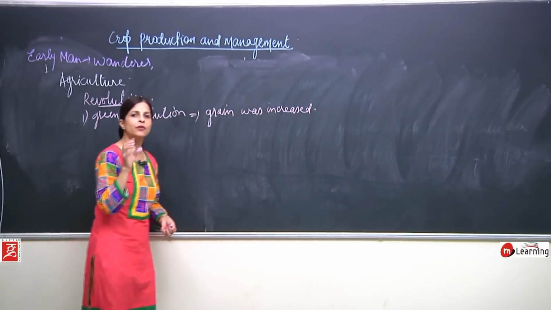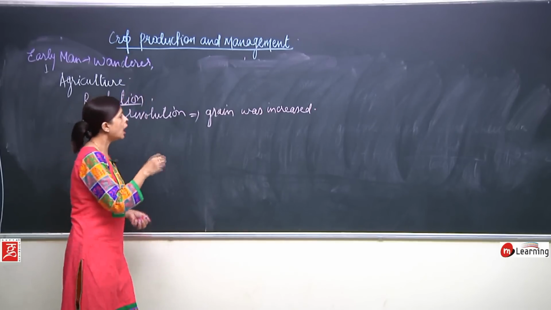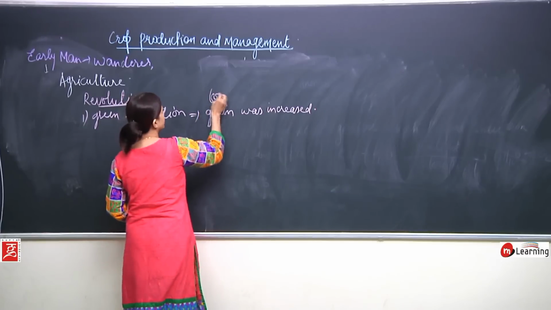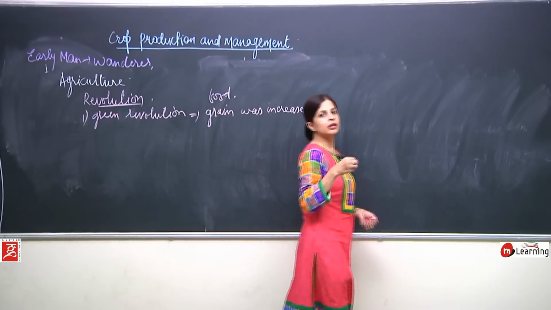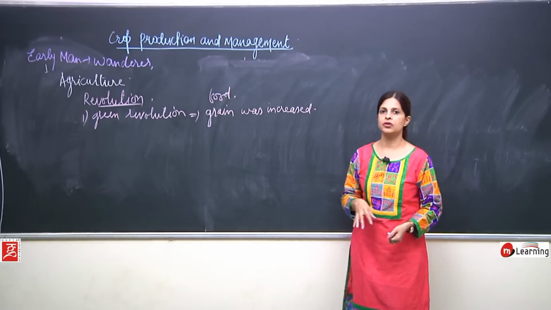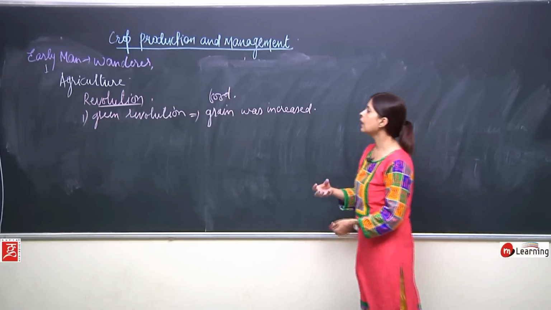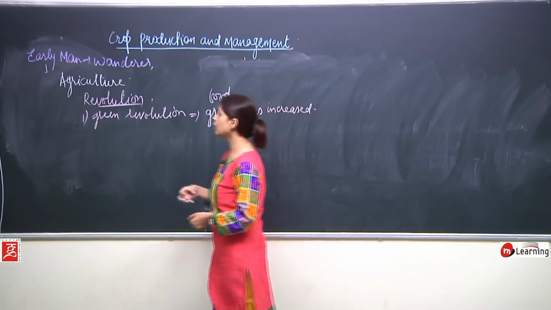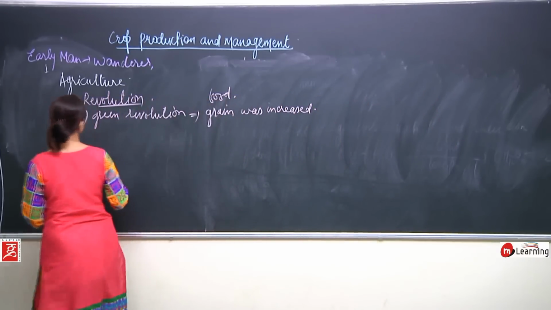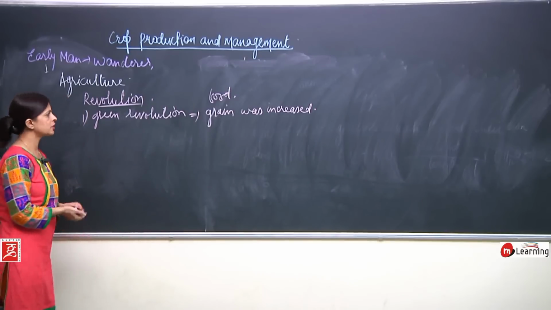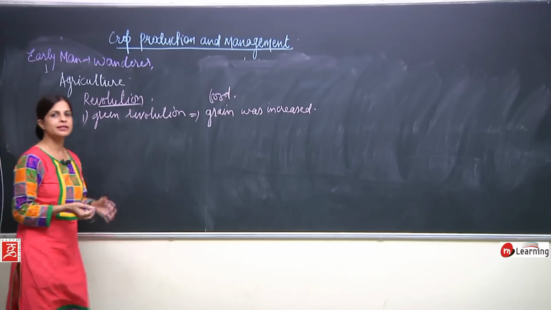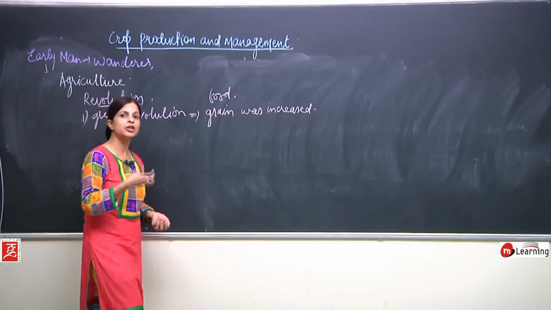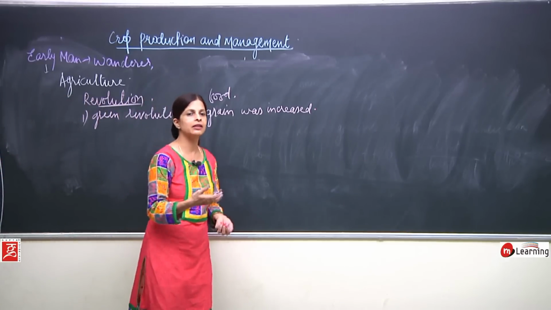Total focus was given on how the food grain can be increased. This is known as the green revolution. Total emphasis was given on the management of food and how the production of grains could be increased.